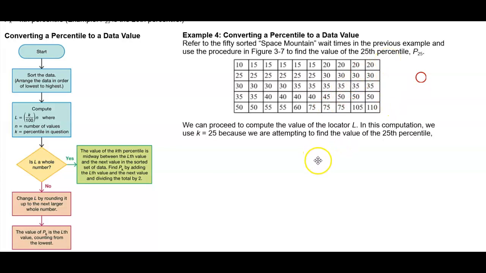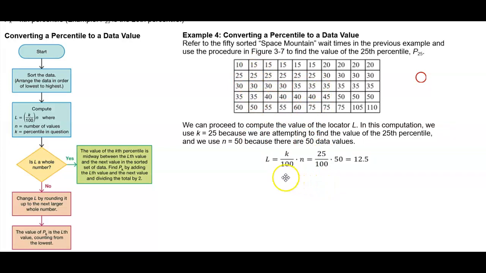So the first thing we're going to do is compute the value of the locator L. In this computation, we use K equal to 25, because we are attempting to find the value of the 25th percentile. And we use N equals 50 because there's a total of 50 data values.